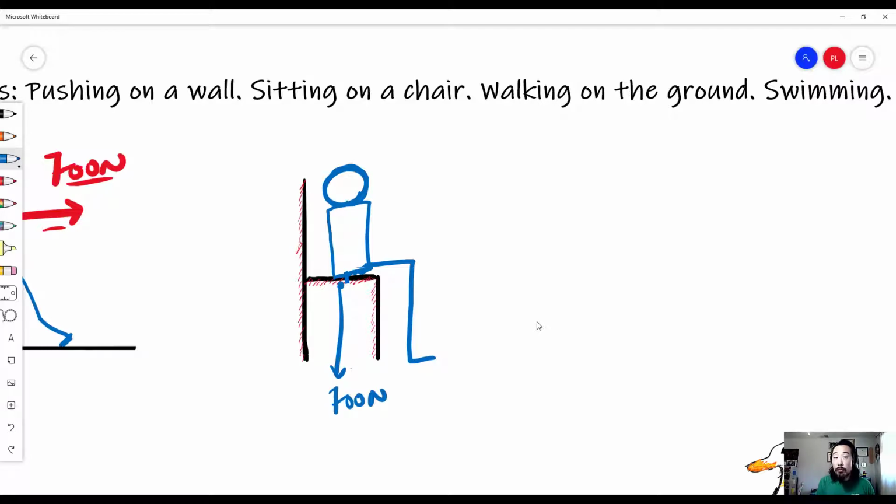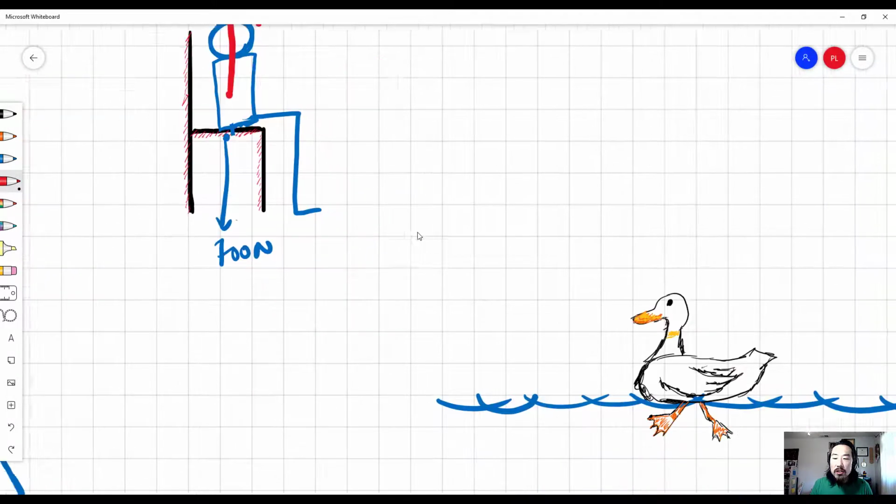You must be feeling the chair pushing back up on you. That's what's holding you up. That's why you're not crashing through the chair. The chair is pushing right back with the same amount of force. Because these two are equal, you are able to sit on a chair. If they weren't equal, you would just crash right through. All right, so let's do the next one.